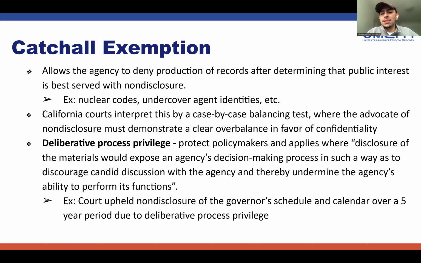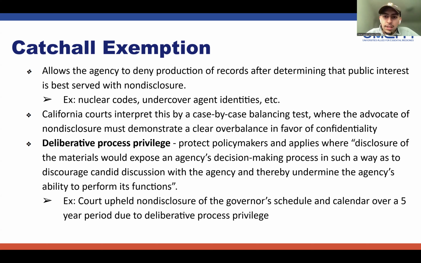So as you can see, that's pretty broad, but it just shows that they can technically deny you a document if the public is better served by hiding the document. Some easy examples here are nuclear codes, secret agent identities, etc. These are things that do not need to be out in the public. These are things that are better off staying private. Those are some obvious examples just to have you understand what the exemption is.